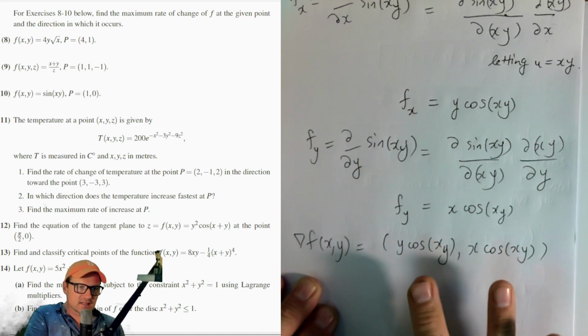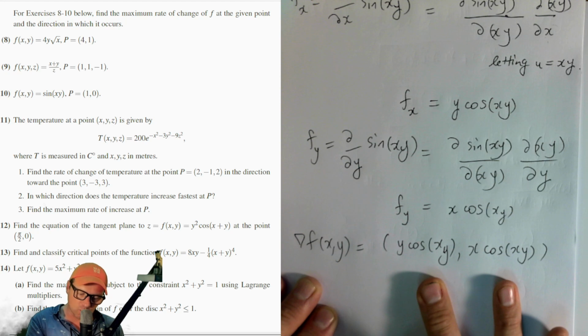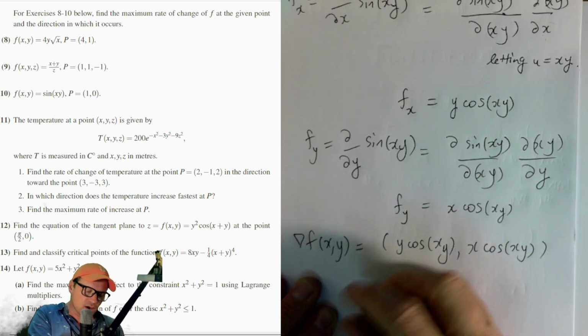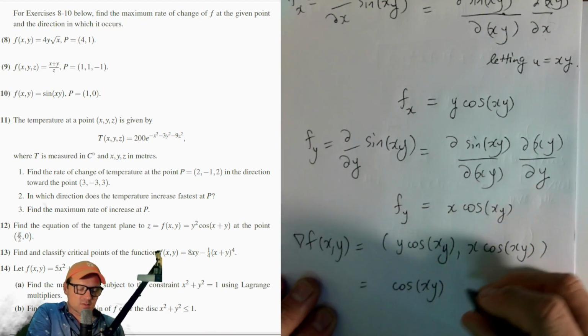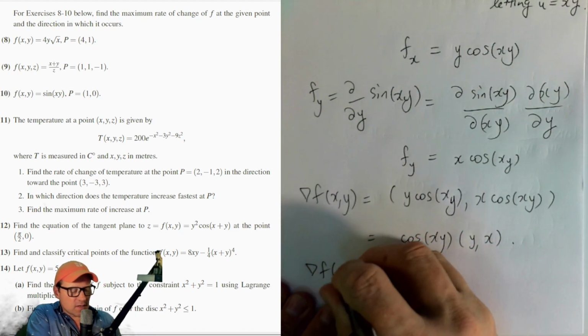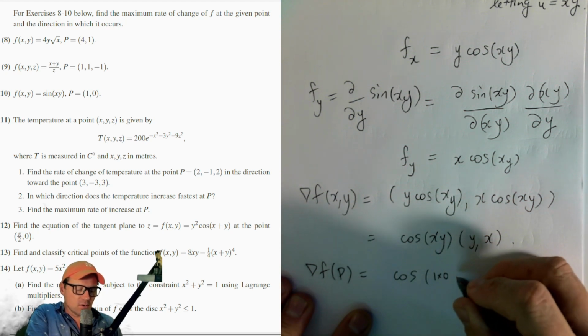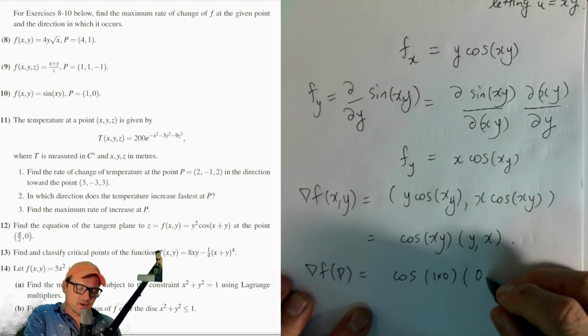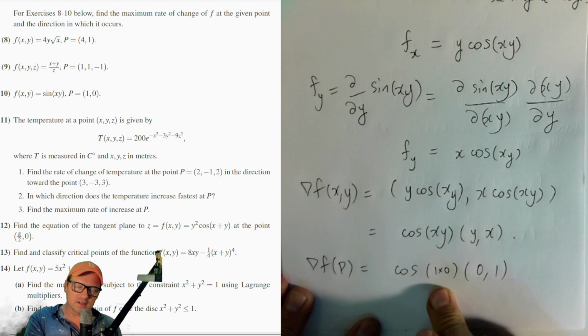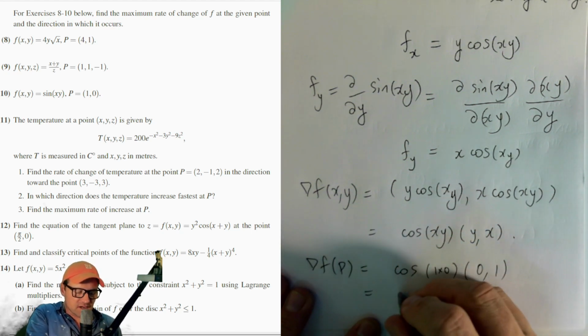Now to simplify this, we can see that in both components there's cos of xy common, so we can pull that out: cos of x times y times the vector y, x. Okay, so now grad f at the point P is cos of 1 times 0, and then times the vector 0, 1. So 1 times 0 is 0, cos of 0 is 1, so we just have the vector 0, 1.